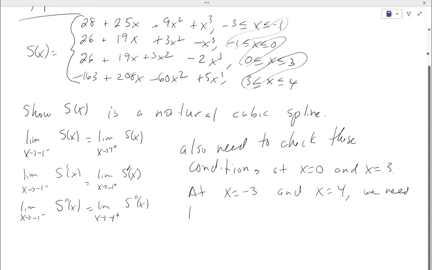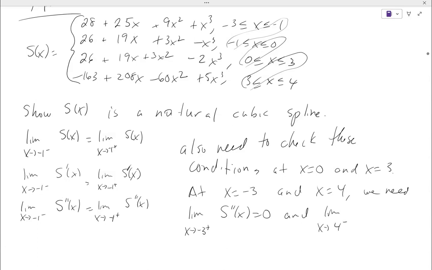I need the limit as x approaches -3 from the right of the second derivative to be 0, and the limit as we approach 4 from the left to be 0 as well. We make the curvature 0.